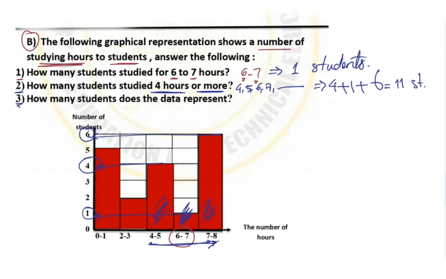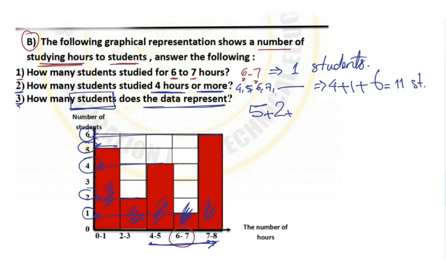Last question here: how many students does the data represent? All students. That means I need the sum of all students of all intervals. The first interval here we have 5. The second one we have 2.